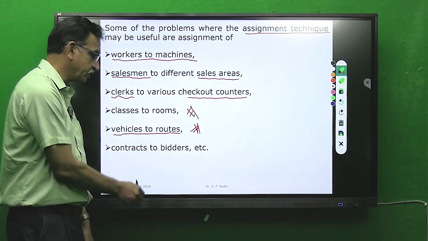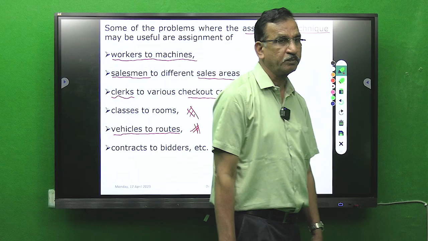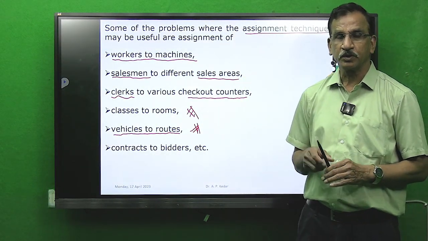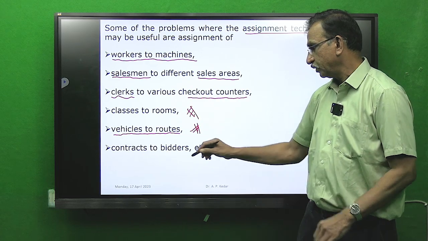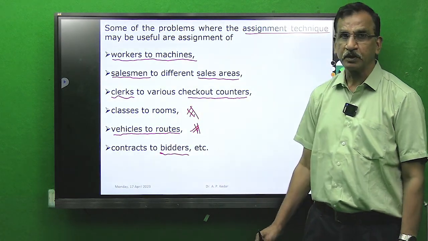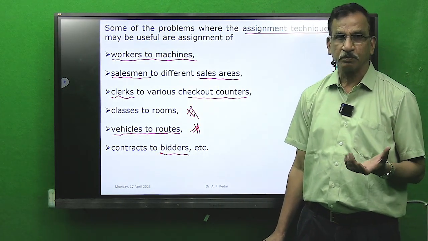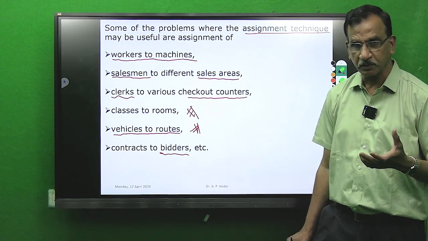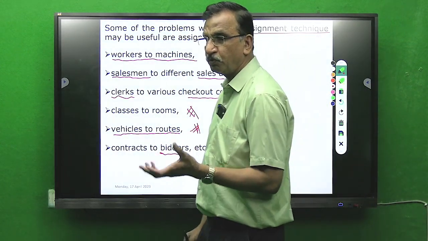And here the last one quoted is, there are different government or private contracts where contractors are doing the job, and for that the tenders are opened, depending on the cost parameter and the conditions which the bidders have fulfilled.